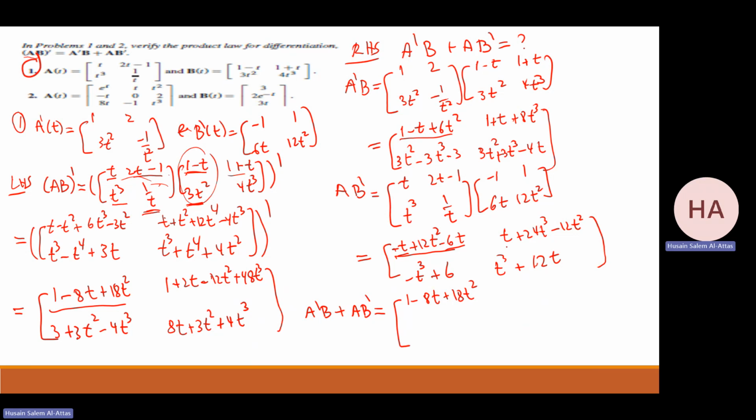Okay. Now I need this with this. I have 1 plus 2t. I have minus 12t squared plus 3. That will be, no, minus 12t squared, correct? Minus 12t squared plus 32t cubed.